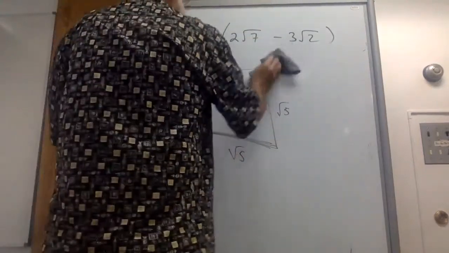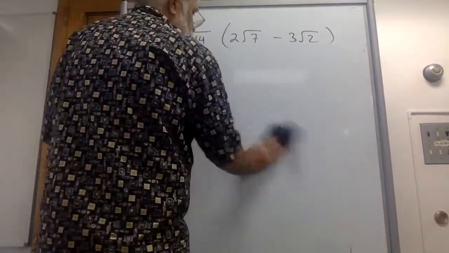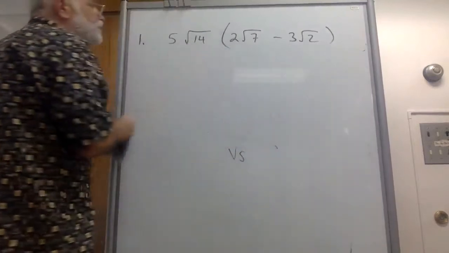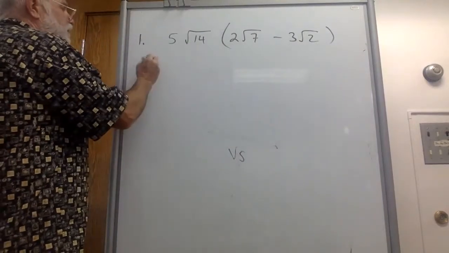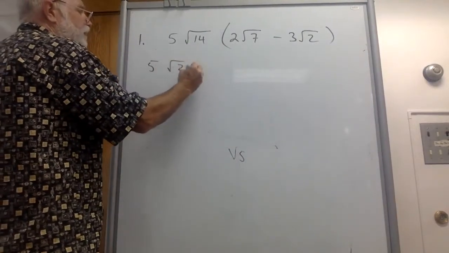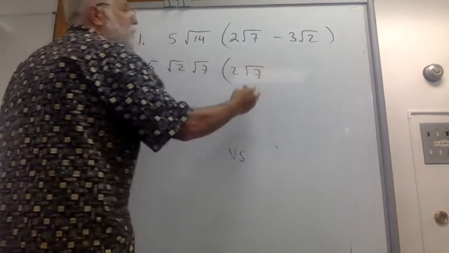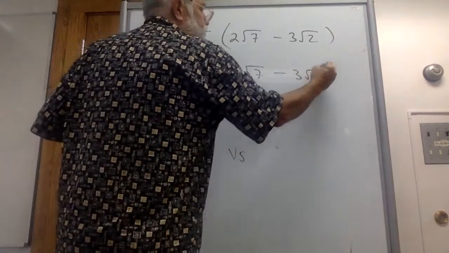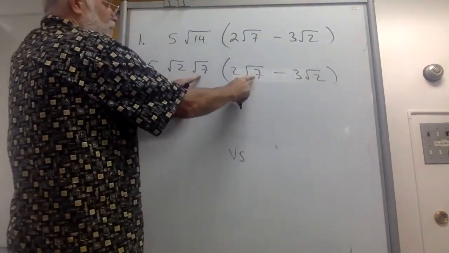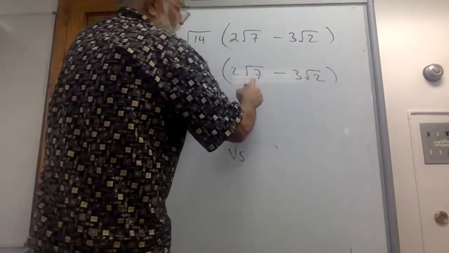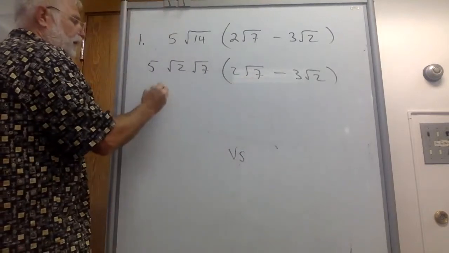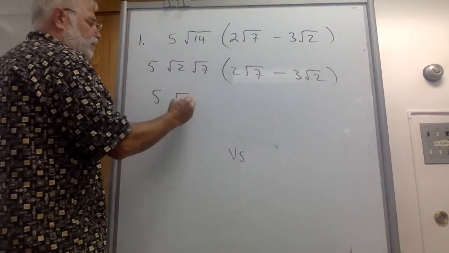All right, well, 14 could have been written as 5 times root 2 times root 7. Now when I multiply across, I'm going to be squaring root 7, which means I'm going to get 7. So I'm going to get 5 root 2.